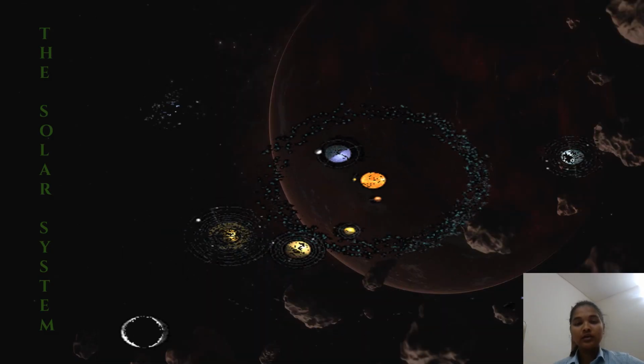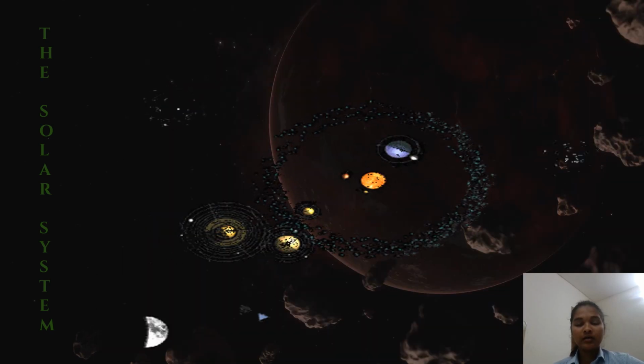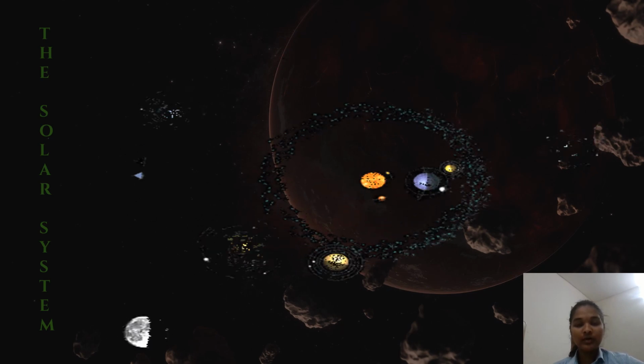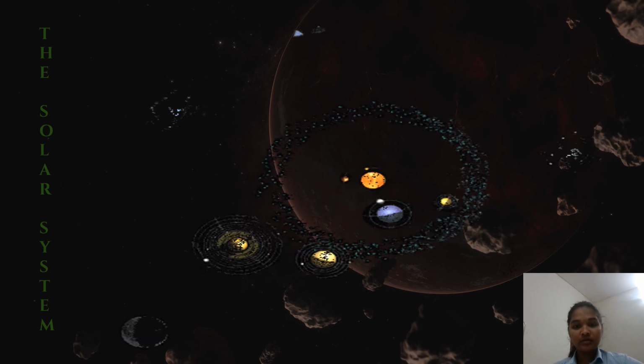You can see here the living picture of our solar system, where all planets are rotating around the Sun in a specific manner, each in its own orbit.